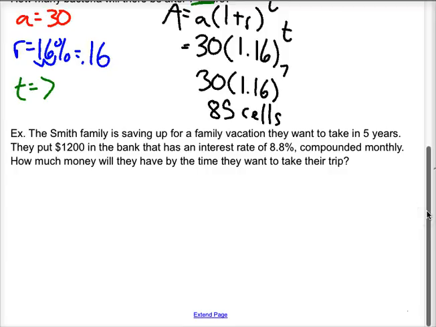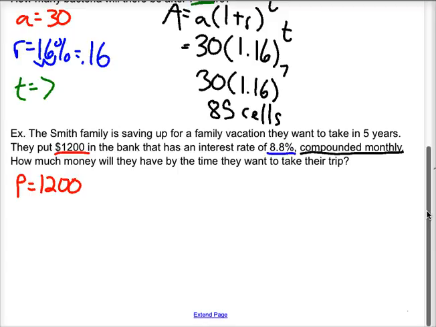The Smith family is saving up for a family vacation they want to take in 5 years. They put $1,200 in the bank that has an interest rate of 8.8% compounded monthly. How much money will they have by the time they want to take their trip? We're talking about compounding interest here. I can see the word compounding. So I'm going to identify my pieces. They're starting with $1,200.